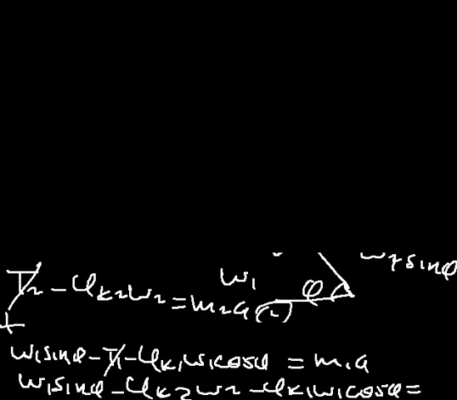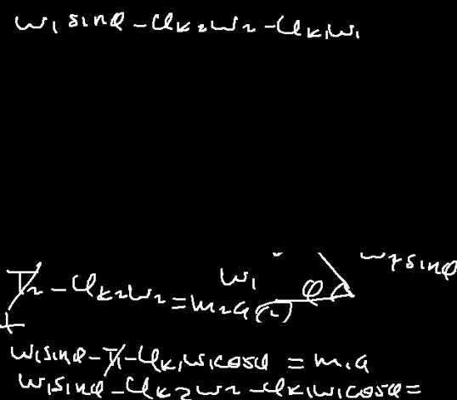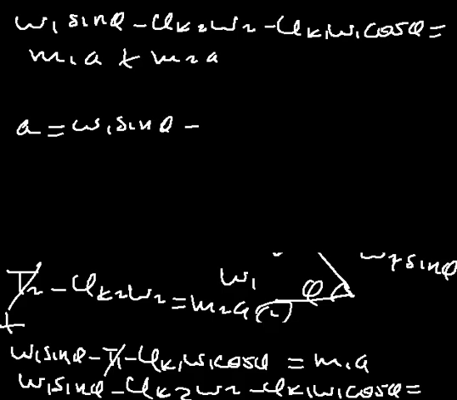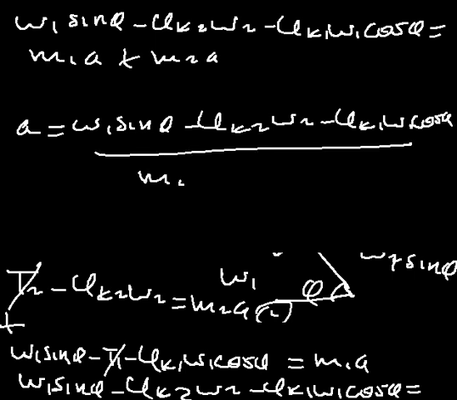So what it tells us is that we have weight 1 sin theta minus mu k2 weight 2 minus mu k1 weight 1 cos theta is equal to mass 1 times acceleration plus mass 2 times acceleration, of which acceleration will be given as weight 1 sin theta minus mu k2 weight 2 minus mu k1 weight 1 cos theta, divided by the summation of the two masses. So that's how we should have it.